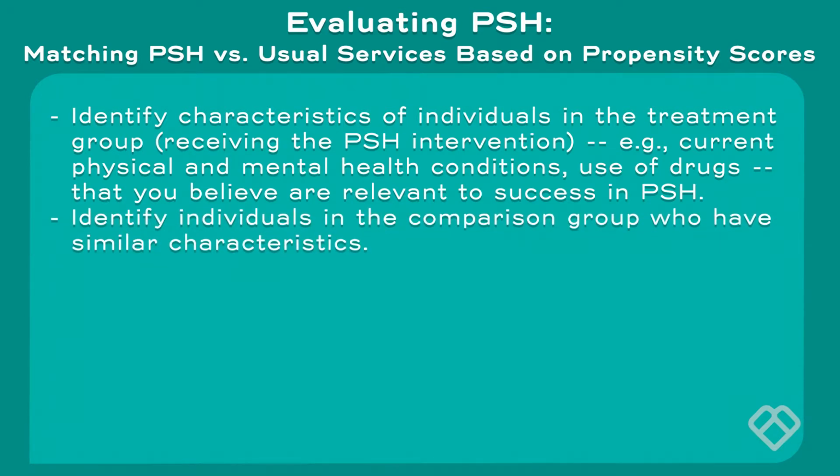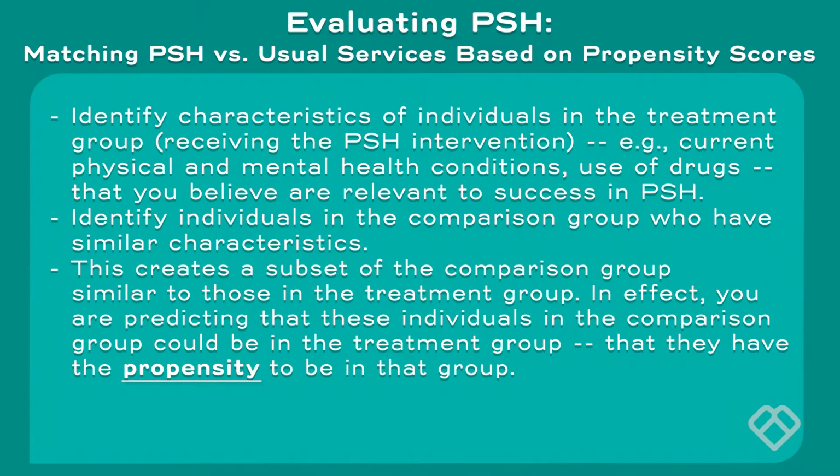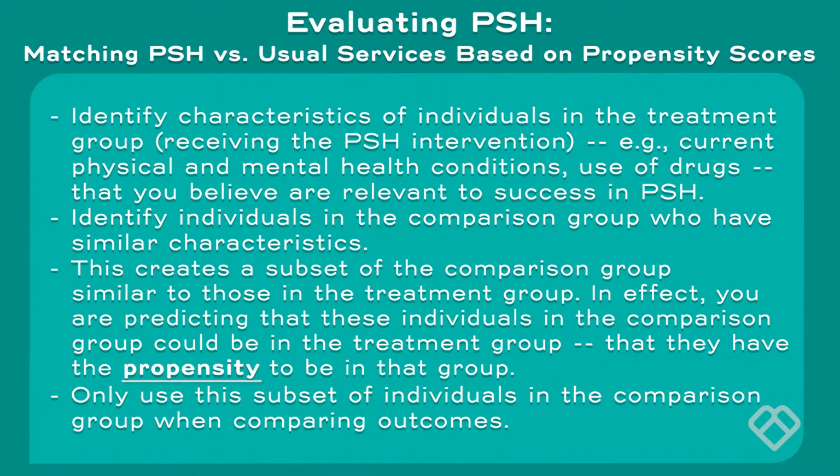Now we identify individuals in the comparison group who have similar characteristics. This creates a subset of the comparison group who are similar to those in the treatment group. In effect, you're predicting that these individuals of the comparison group could be in the treatment group, that they have the propensity to be in that group. And then we only use that subset of individuals in the comparison group when comparing outcomes.